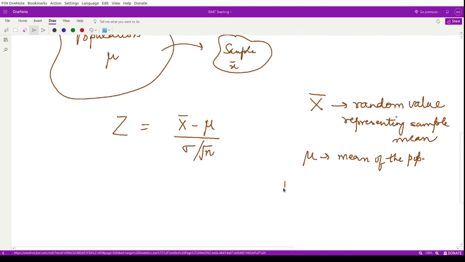Sigma is the standard deviation of the population. And what is small n? That is the number of elements present in the sample. Right, so this is the test statistic. Now let's move on to the problem, and you'll understand the topic well.